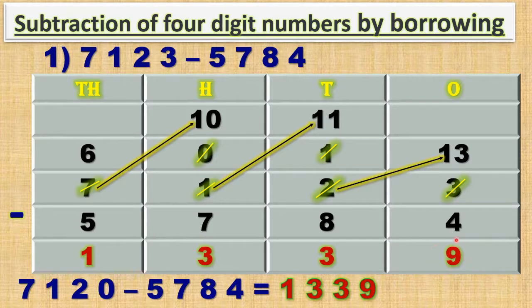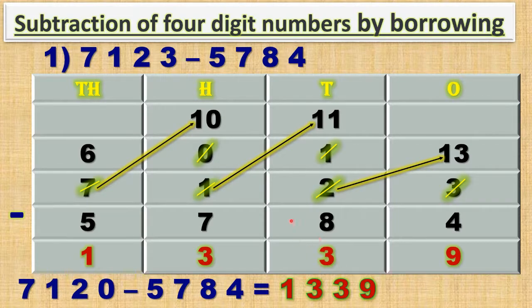Now next, tens place, we cannot subtract 8 from 1. Now we will borrow 100 from hundreds place. 1 will become 0 in hundreds place and 1 will become 11 in tens place. So we have to subtract 8 from 11. 11 minus 8 is equal to 3. So answer will be 3.